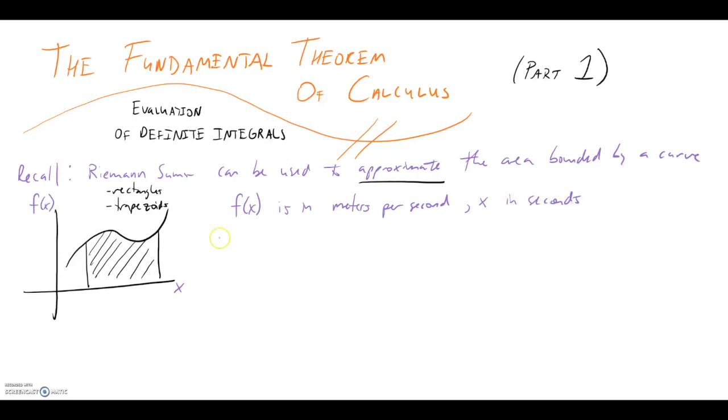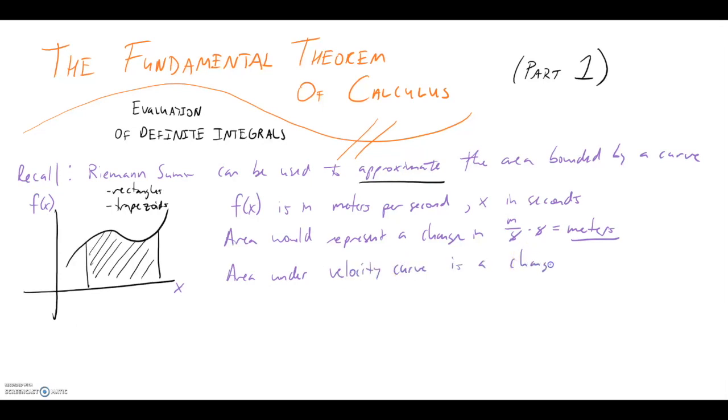Since area is always calculated as a product of two dimensions, this area would then represent a change in the f of x units, meters per second, times the x units, seconds, to leave an overall unit of meters. And so if we imagine f of x like this as a velocity curve, then the area under a velocity curve actually represents a change in position.